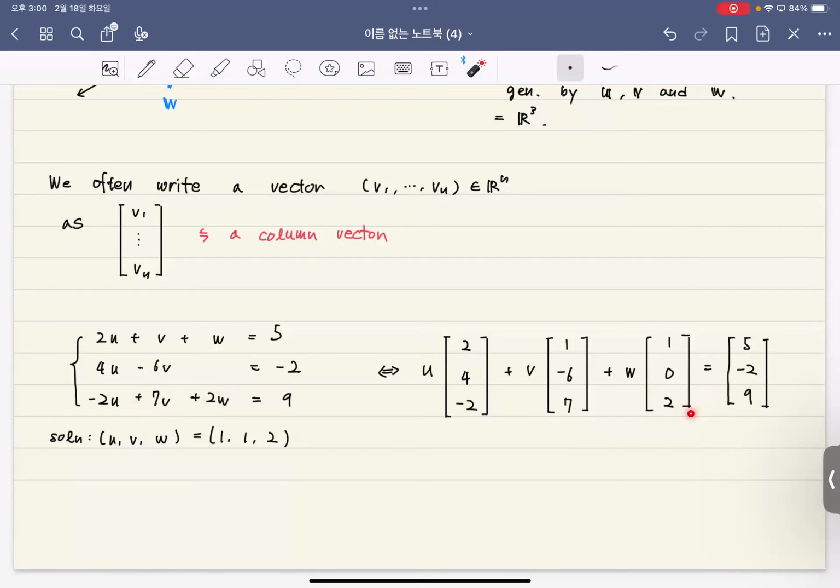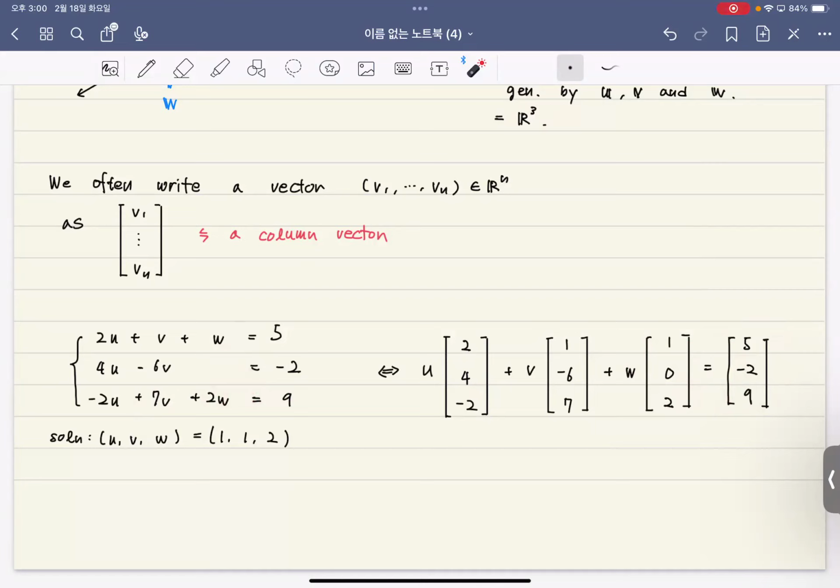This equality is nothing but comparing two three-dimensional vectors. In order for two vectors to be the same, every component must be the same, right? So I claim that this expression is mathematically equivalent to this one.